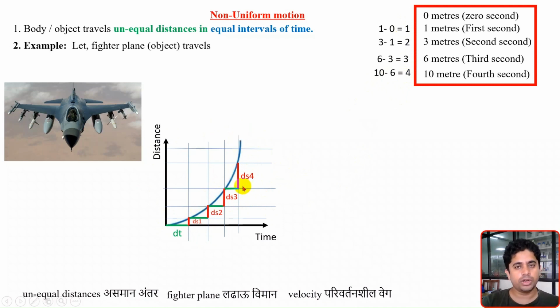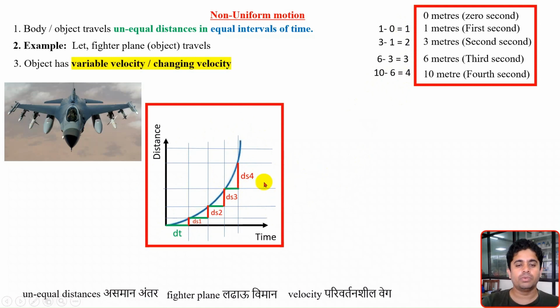This motion is non-uniform motion itself, but to this motion we will give one more name, as this is an increasing non-uniform motion. And one important thing about non-uniform motion is the object has a variable velocity or changing velocity. Here you can see 1, 2, 3, 4.